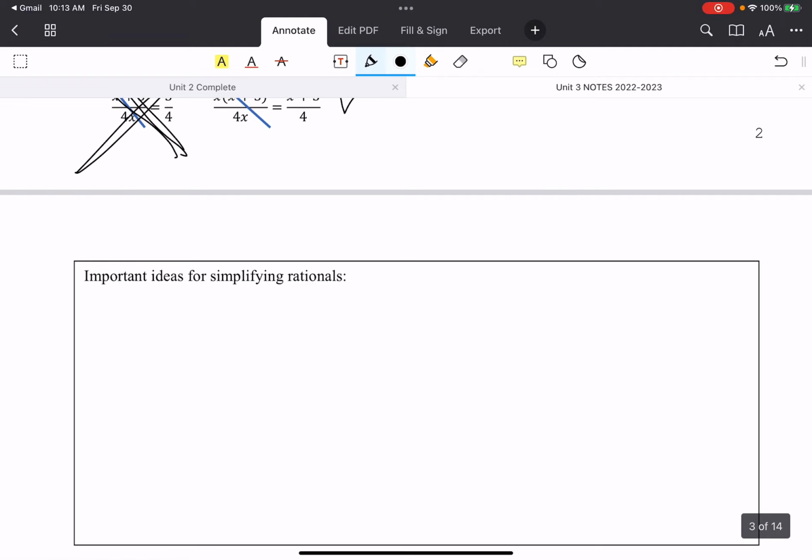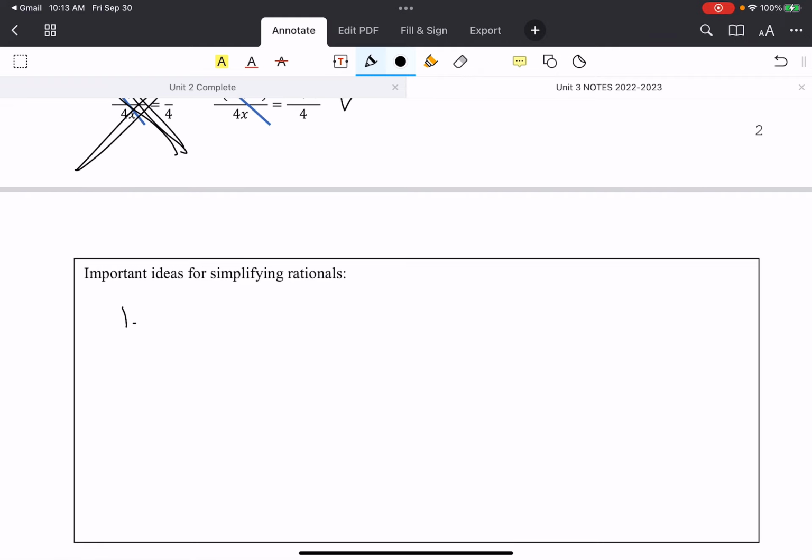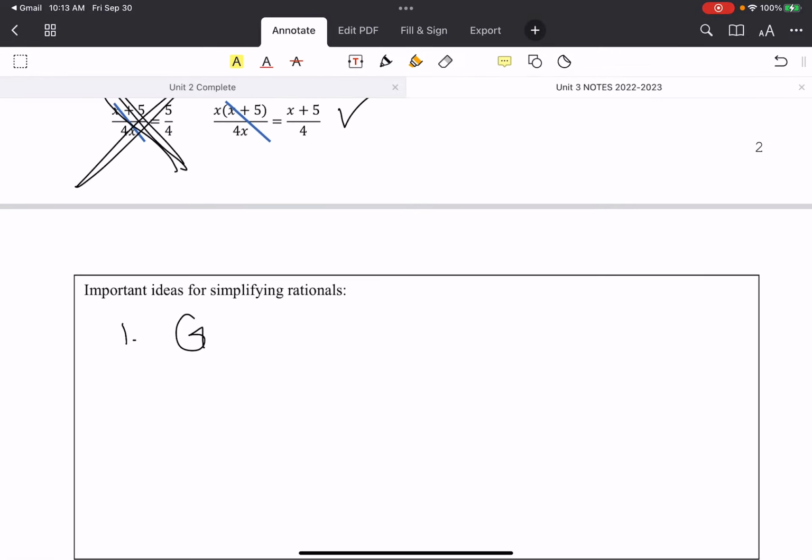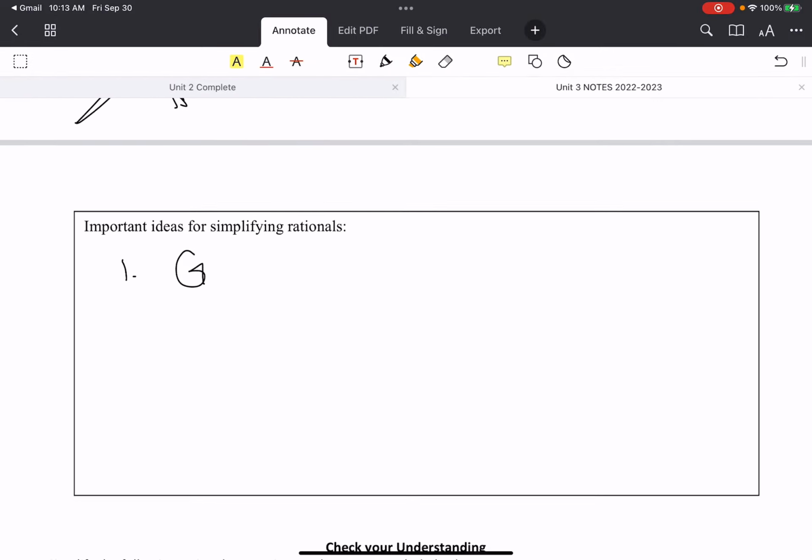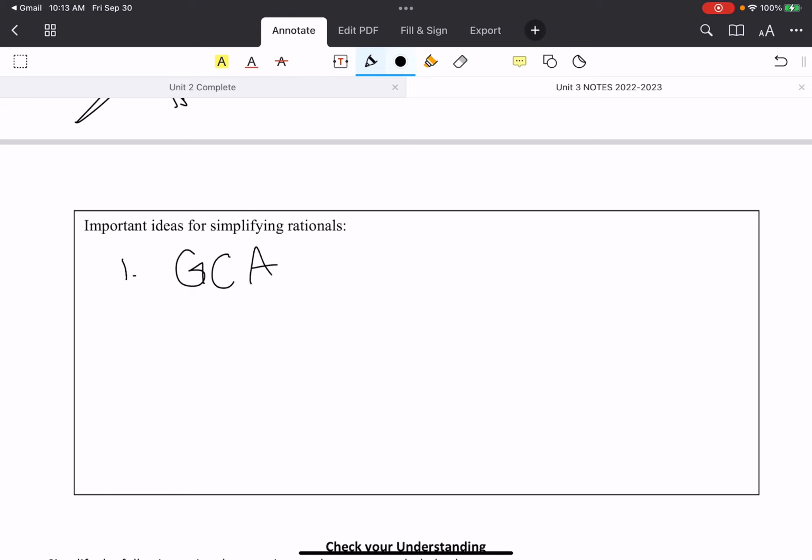Important ideas for simplifying rationals. 1. GCF all of a sudden. Oh, I wrote A. Did not mean to. Whoopsie doopsie. GCF first. Just like every single class period all year. I have told you guys, right? GCF first.